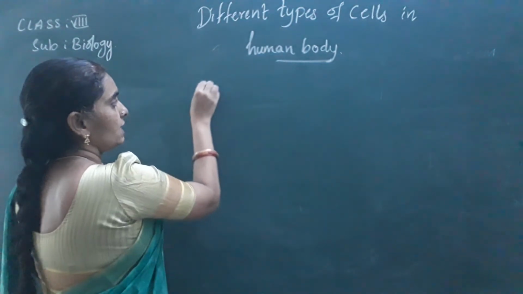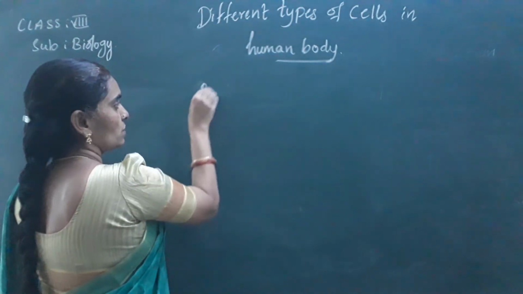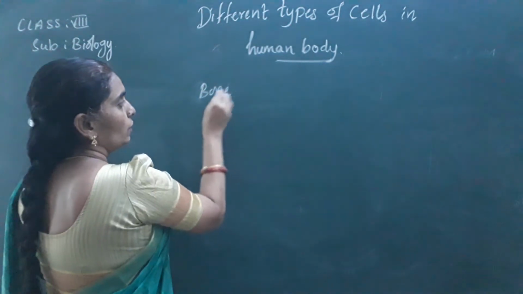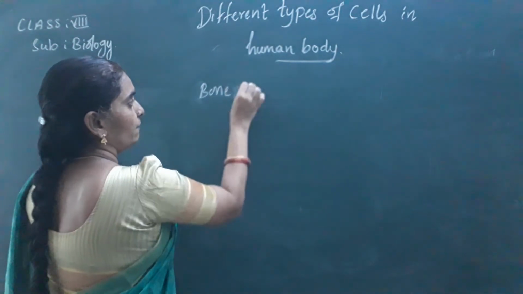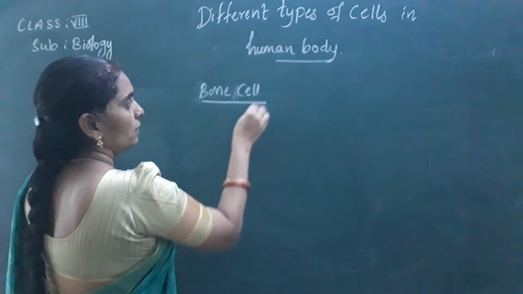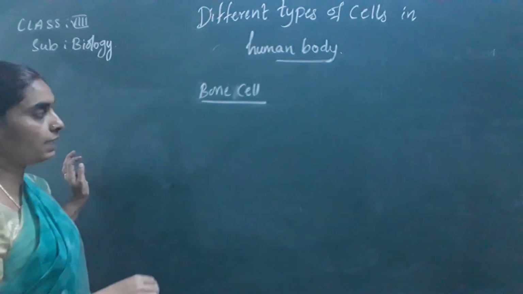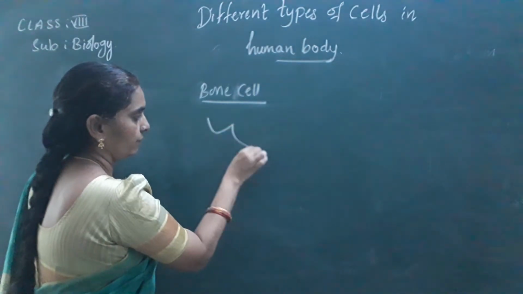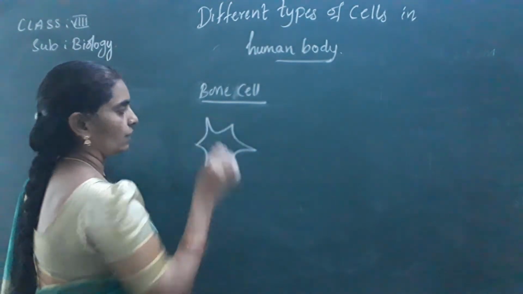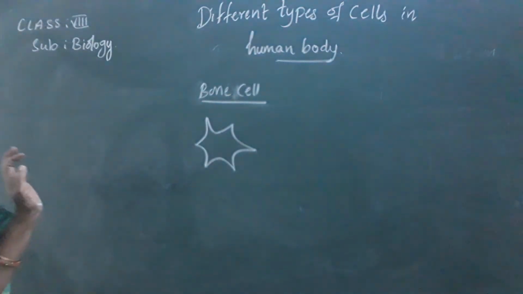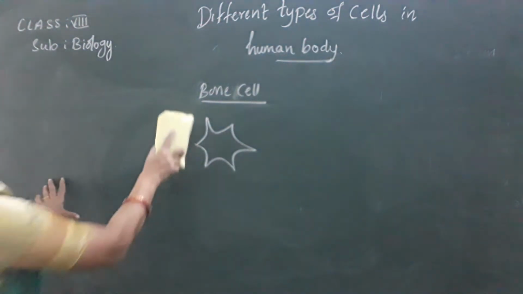Next you will see the cells of the bones. Bones and muscles help in locomotion. Is it clear? You know very well. It is star-shaped. Bone cell, how it is, I will show you now.